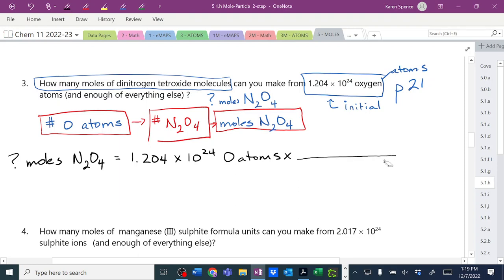Well, maybe I'll just make them small. What am I canceling here? The O atoms. And what am I finding? Am I finding moles? I am finding molecules of N2O4 molecules. And that's a nice easy conversion. There's not two O atoms, there's four. Four O atoms in one N2O4.